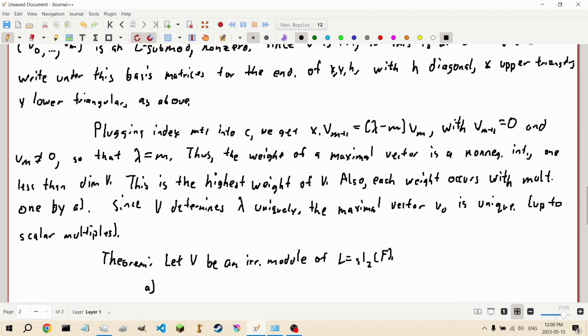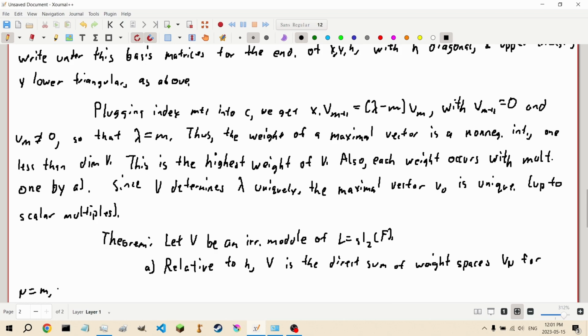Then we have seen, first off, that relative to h, V is the direct sum of our eigenspaces, weight spaces V_mu, for mu equals m, m minus 2, all the way down to negative m, where m is 1 less than the dimension of V, and the dimension of each V_mu is just 1.